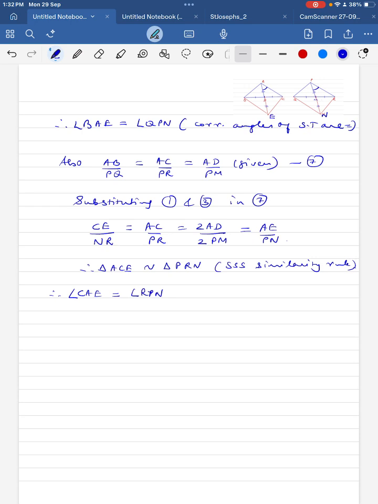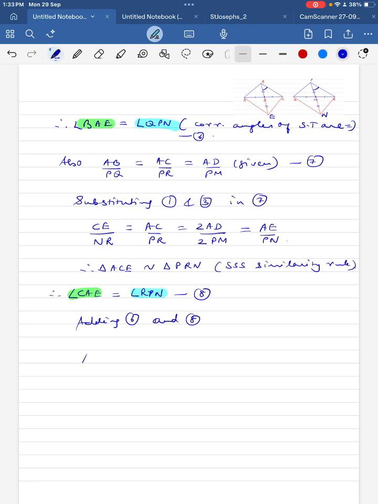Okay, now let me mark this as the 8th equation. Okay, so this was 6. So let me add 6 and 8. Okay, so when I add 6 and 8, I have to add the left hand sides together and the right hand sides together.